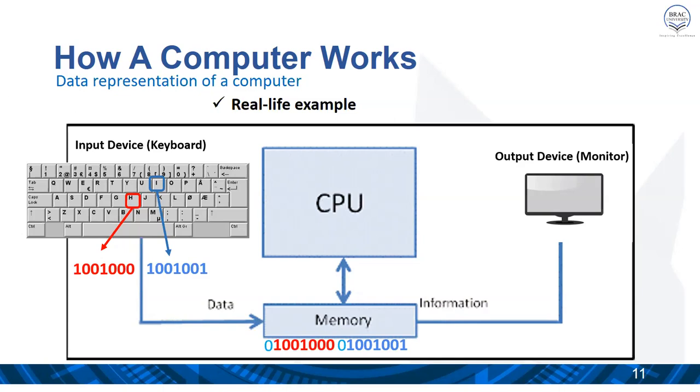The output device then translates the digital data into visual information, which is my message hi. So now you can see my message hi on the monitor of the computer.